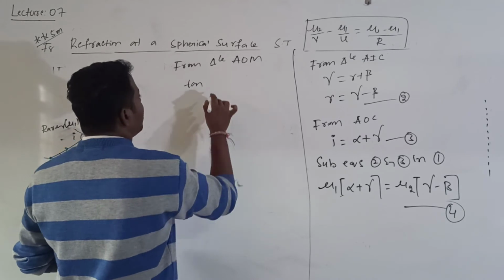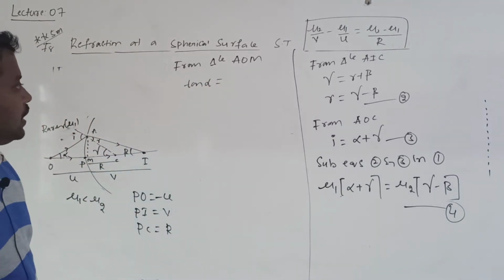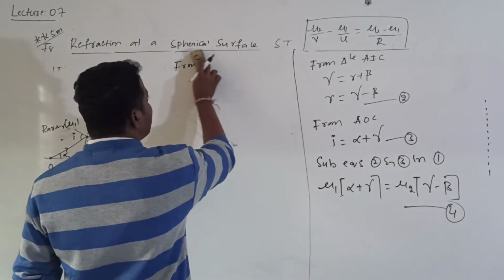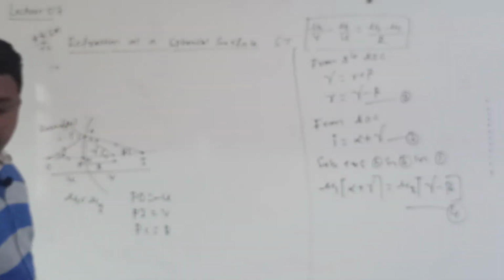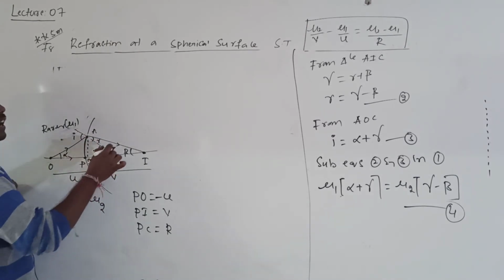Better, we can write directly now. Instead of considering the triangle, I consider AP looking like an arc.